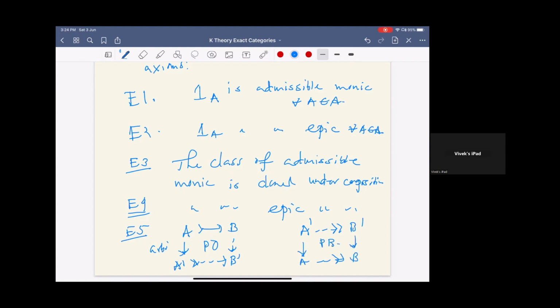Okay, these are technical things. So basically, what is an exact category?